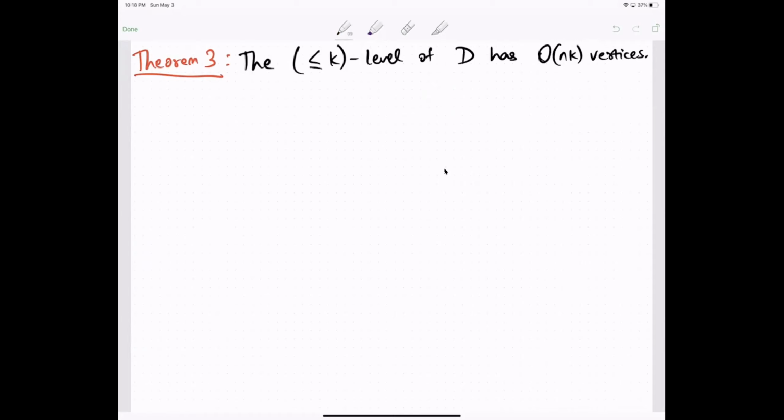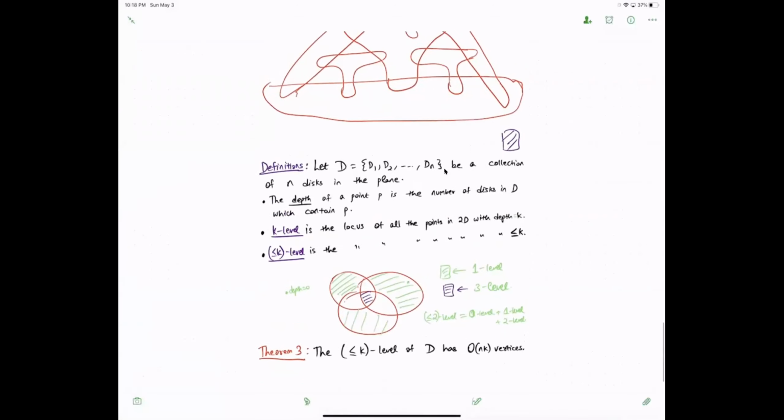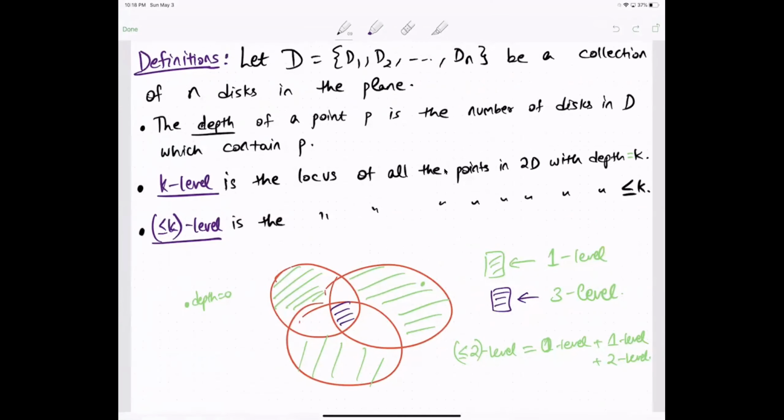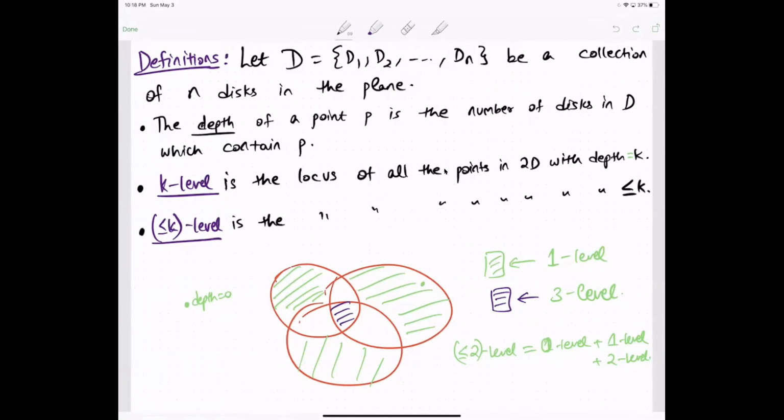So I have to define what vertices are. So we go back here. Say if I pick this, this will be a 2-level vertex.